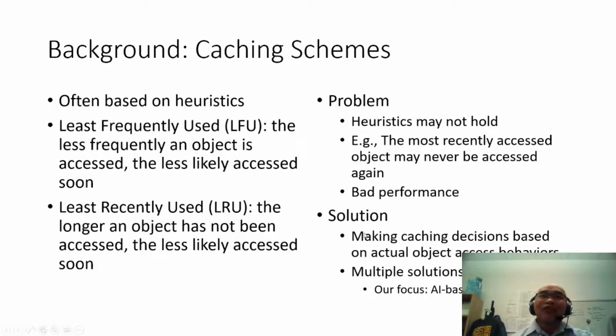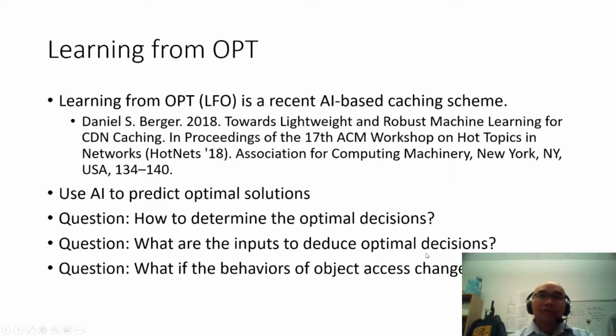Now the solution is that rather than using heuristics, we can make a cache decision based on the actual object access behaviors. There are multiple solutions out there. Our focus is on the AI-based approach. Here is a recent AI-based caching scheme called LFO.